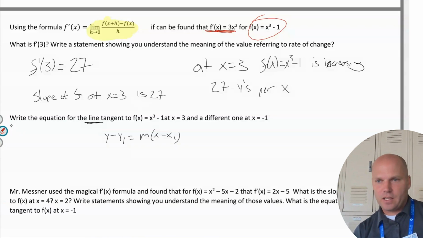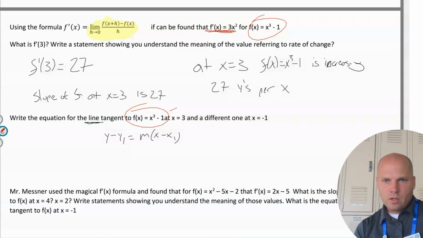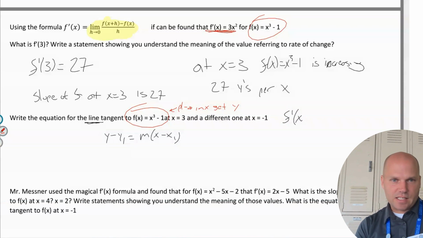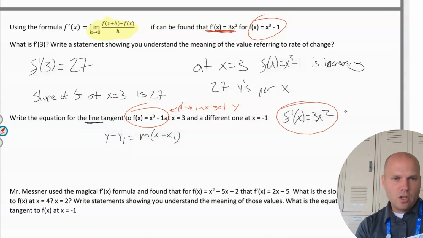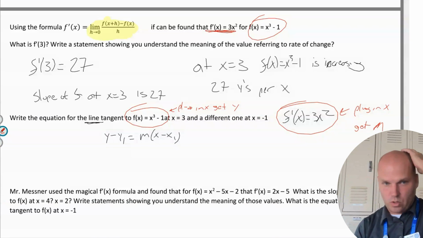So just remember, plug in x, get a y. But don't forget this, which I said up above. Don't forget about it. It's still there. But here's the key. When you plug in x's, you get a slope of a tangent to x cubed minus 1.